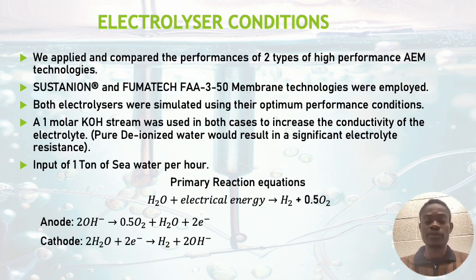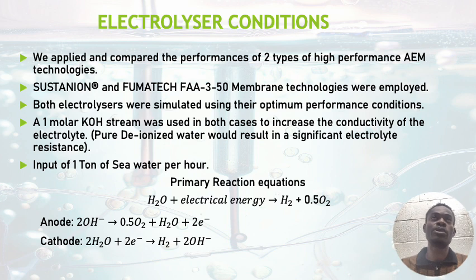Now, the name of the first one we went for was the Sustain Ion AEM membrane, and the second was the Fumatech AEM membrane. Both electrolyzers were simulated to perform at their optimum conditions, which was generally under 35 bar of pressure.